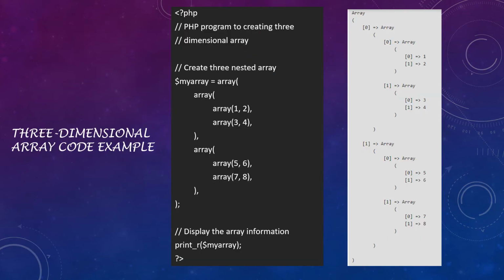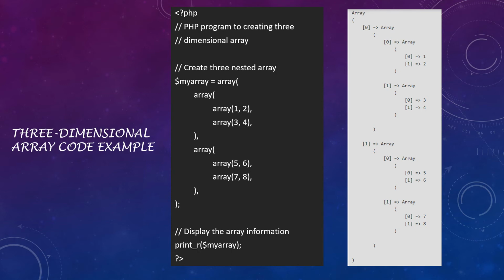And here we have a code example for the three-dimensional array. So we have an array called myArray. And now in that array, there is another array with 2 arrays in it. The first one is 1, 2, and the second is 3, 4. Then you have another array that has 2 arrays in it, 5 and 6 and 7 and 8.